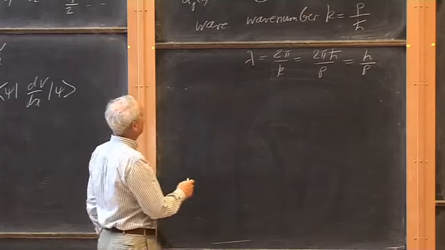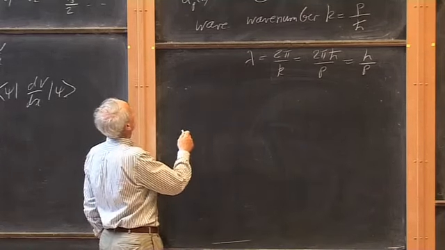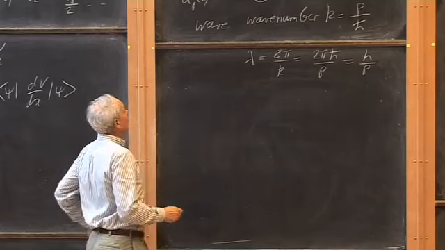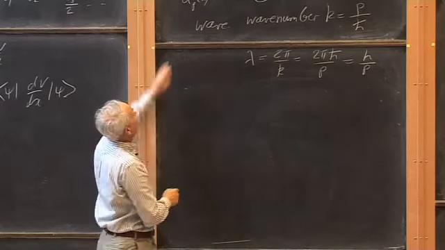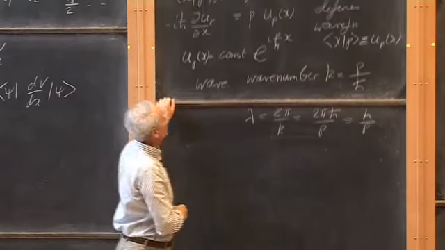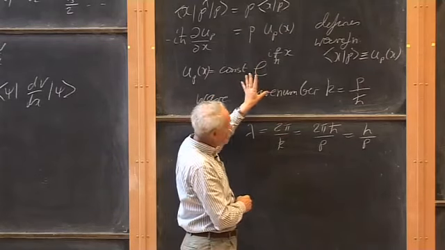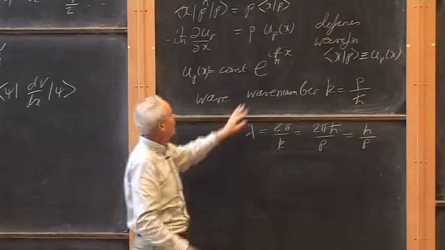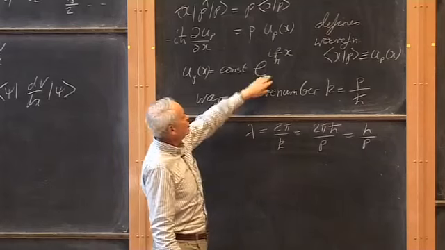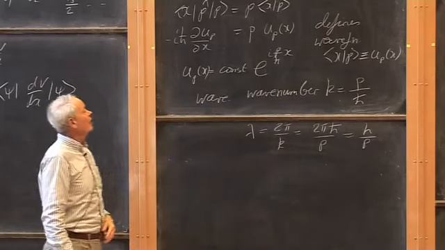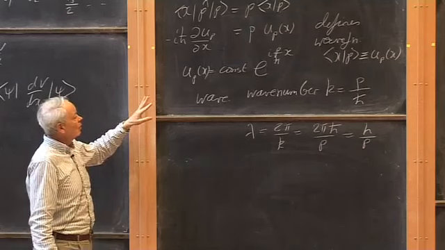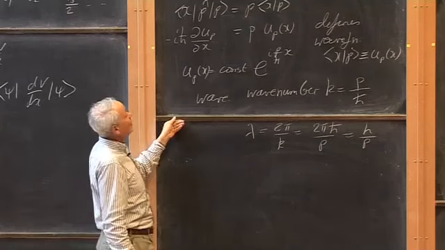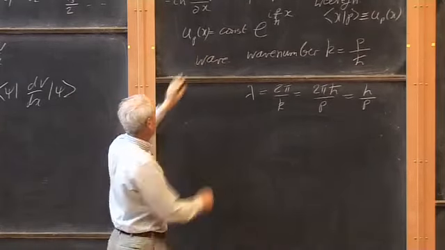What else can we say? If you know the momentum, so if we're in a state of well-defined momentum, the result of measuring momentum is certain, then your wave function looks like this, which means that the probability density is independent of space.